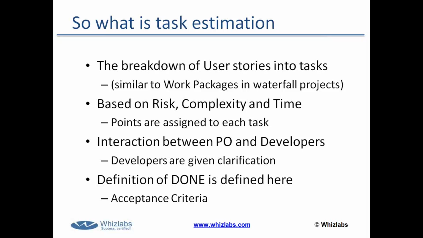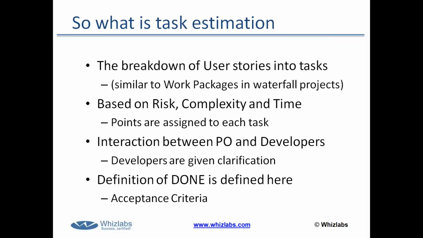So when the developers speak to the product owner, getting this clarification and developing the acceptance criteria for the feature, they will break down these user stories into tasks based on risk, complexity, and time.